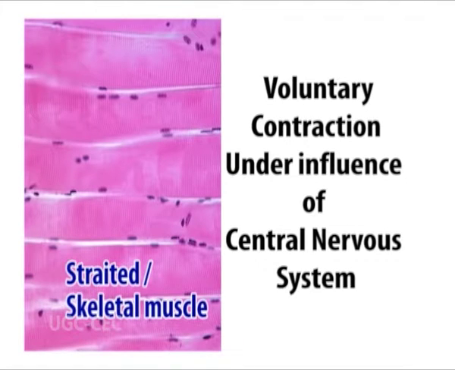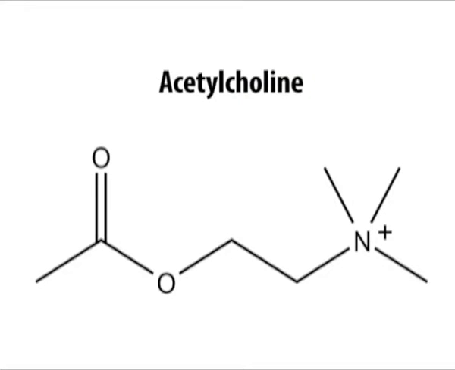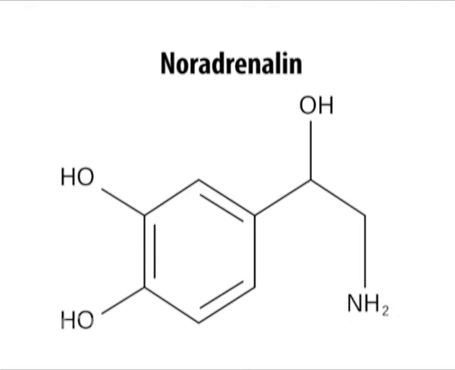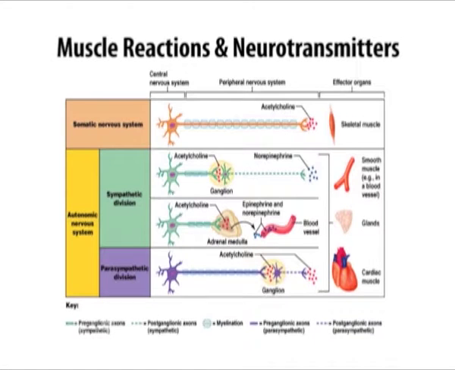Striated or skeletal muscles only contract voluntarily upon influence of the central nervous system. Muscles respond to various neurotransmitters and endocrine substances such as acetylcholine, noradrenaline, adrenaline and nitric oxide. The response of different muscles to these substances depends on muscle type and the exact location of the muscle.